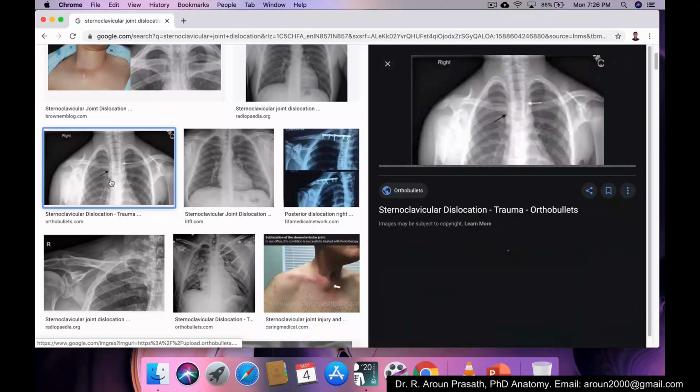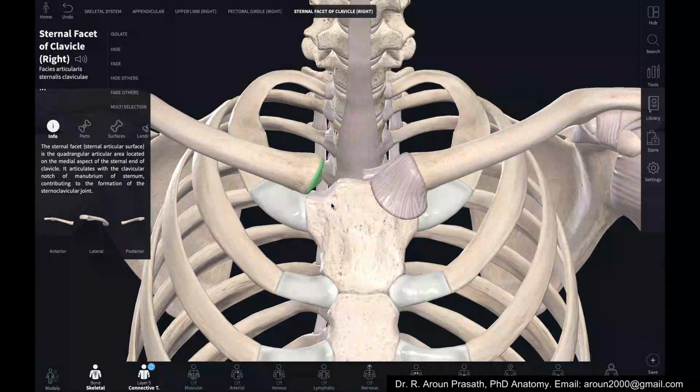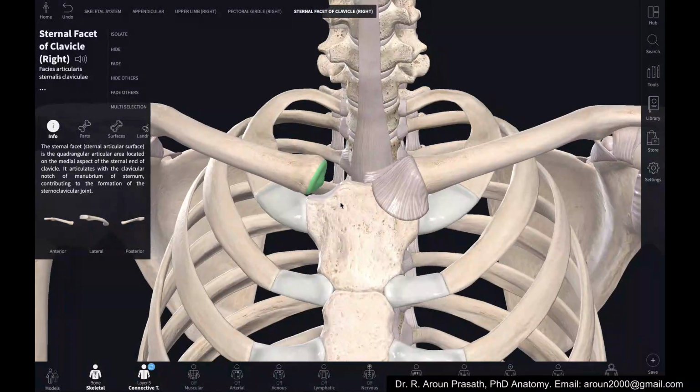In the radiological finding you can see the sternum and the dislocation on the posterior side. This takes place when a person falls with an outstretched hand. So this is the sternoclavicular joint.